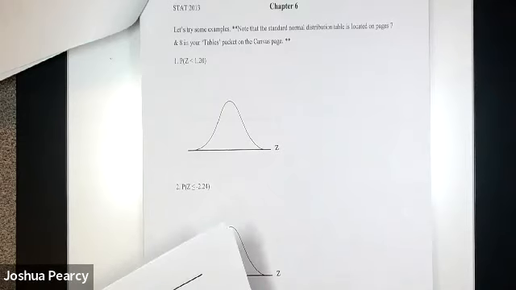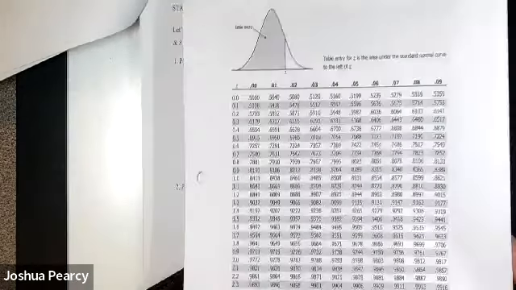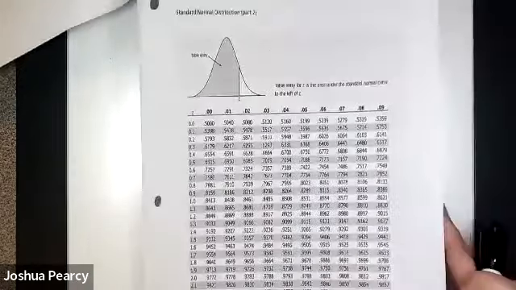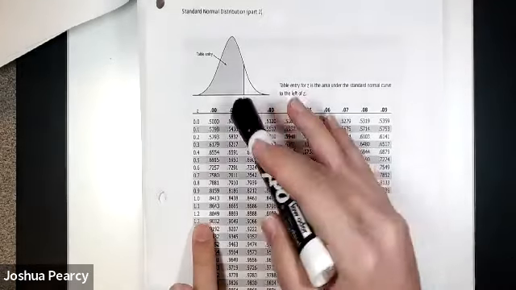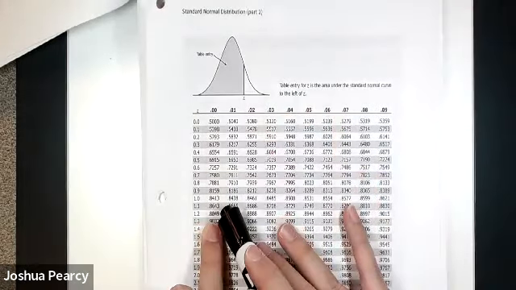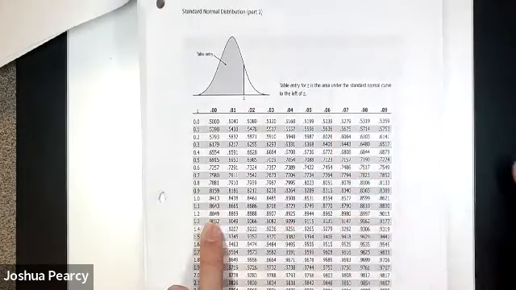All you do is look for 1.2 on the left-hand side, and then 0.00 on the top. What'd you say? Yep, that's right. 0.8849. All you do is take 1.2 and intersect it with 0.00. That's 0.8849.